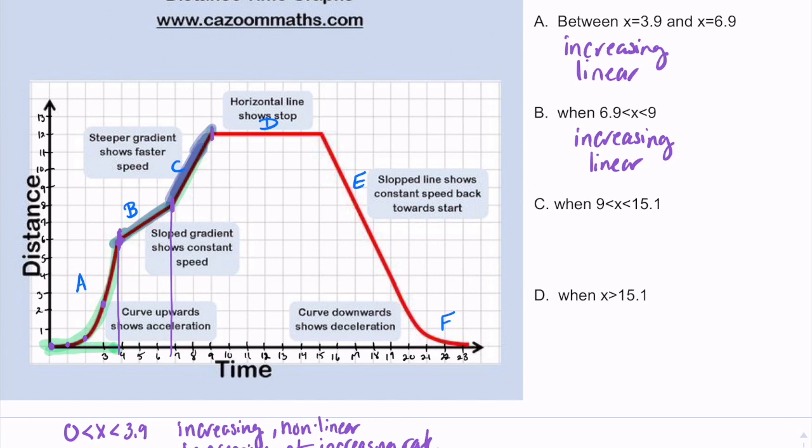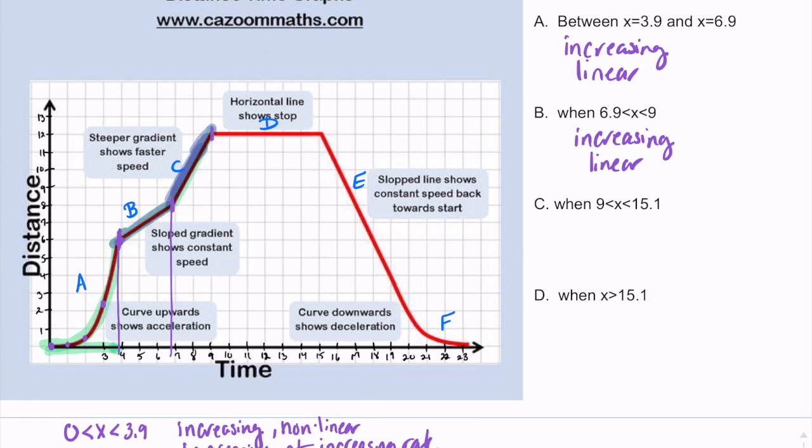Okay, if we look at the section of the graph labeled D, then it is linear because it's a straight line, but it's neither increasing or decreasing. That distance is remaining constant during that part, okay?